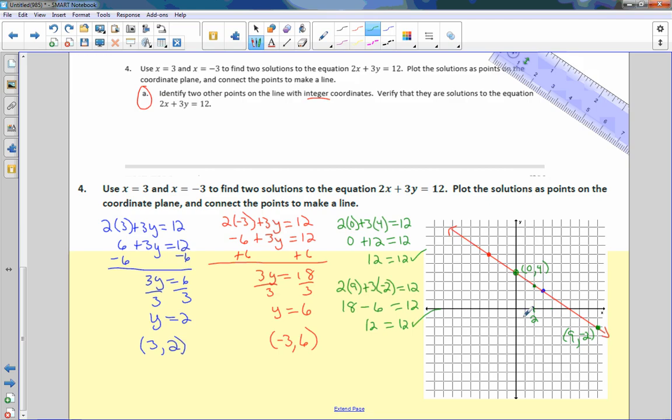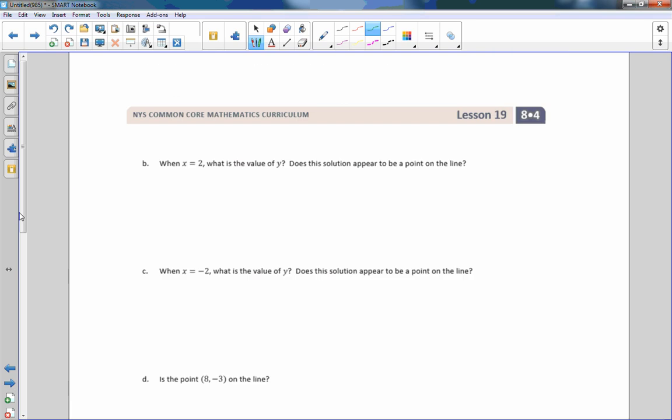So I'm just going to plug in x equals 2 to the equation 2x plus 3y equals 12. Substituting in this 2, I get 2 times 2 plus 3y equals 12. 4 plus 3y equals 12.